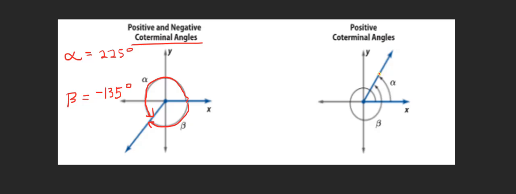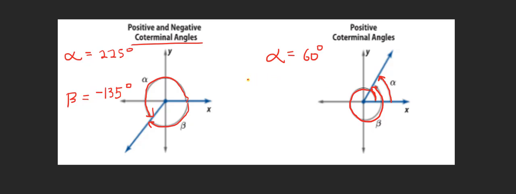Let's take a look at this example. Look at alpha. In this case, alpha looks like positive 60 degrees. Now what about beta? Beta, you go up to 60, but you're taking one more revolution.